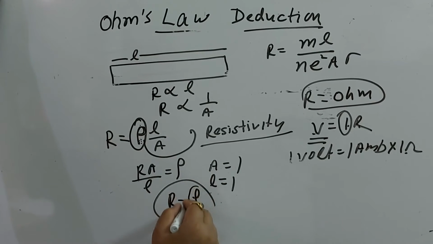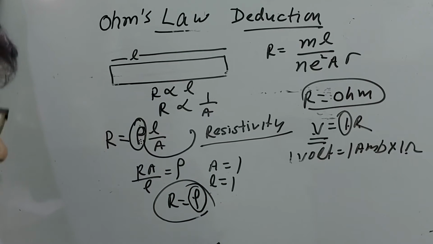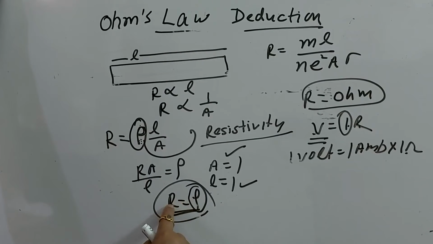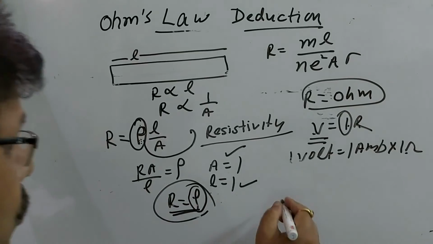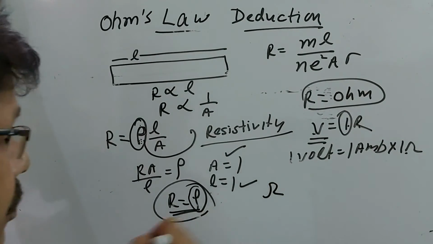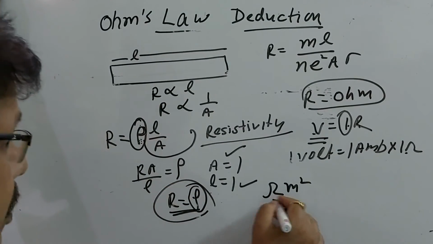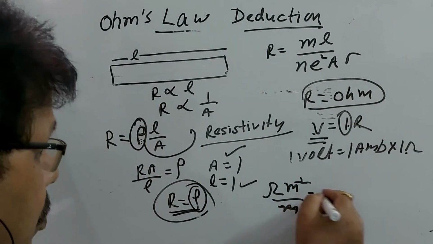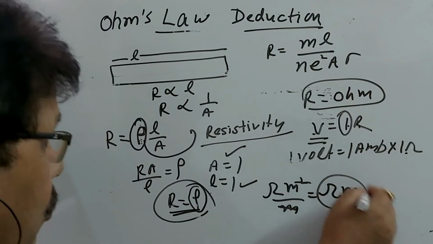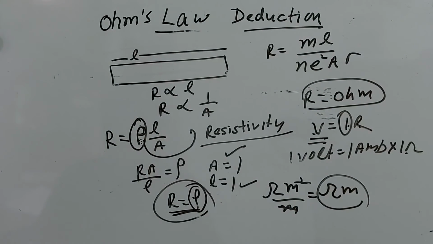And the unit of this resistivity, because this is given by RA by L, is ohm times meter square over meter. So this is equal to ohm meter. So the unit of resistivity is ohm meter.